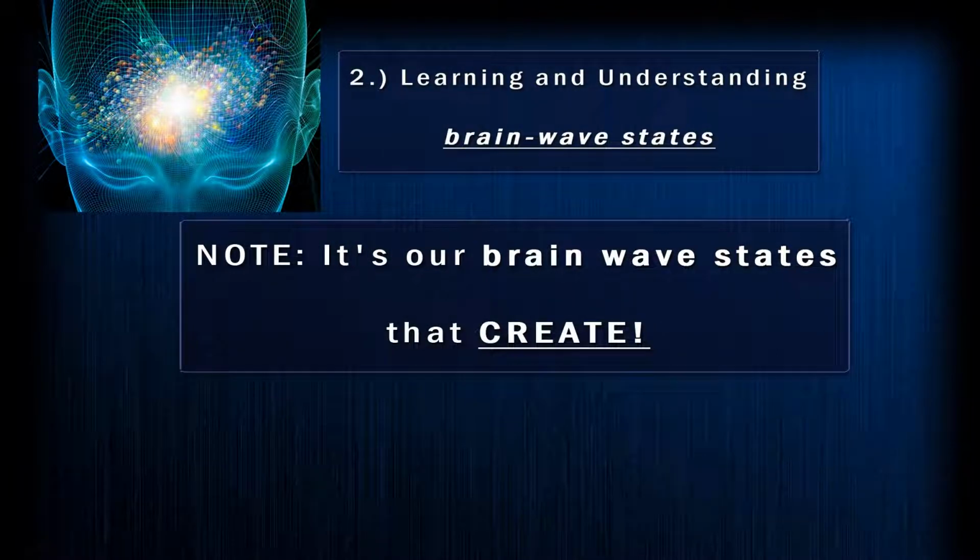If you don't get anything else, hone in right now and understand this point. Within learning and understanding brainwave states, we need to note and illuminate this statement: it's our brainwave states that actually create for our lives.